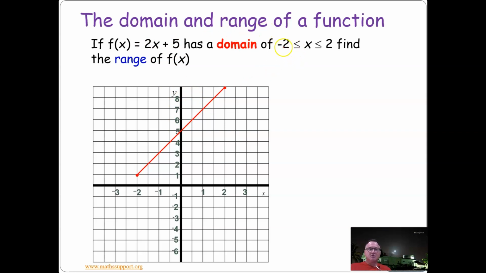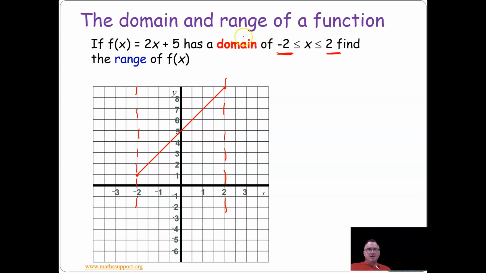It has a domain from -2 to +2. So we wouldn't keep drawing this and putting arrows on it, because we only want the graph to go from this x-coordinate to this x-coordinate. So that's why you're only seeing this part of the graph.